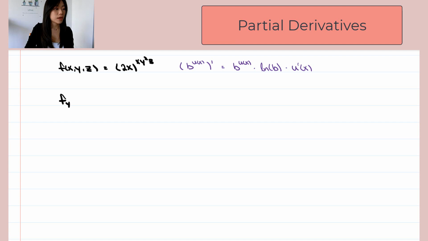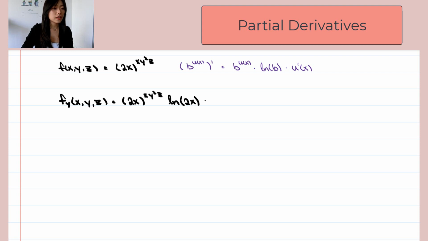So we're going to use this to find the partial derivative with respect to y and z. If it is with respect to y, then we are going to treat x and z as constants. So the base 2x is a constant, and the exponent is some constant times y squared. So using this derivative formula, we get the base 2x to the power of the original inner function, x times y squared times z, then times ln of b, which is ln of 2x.